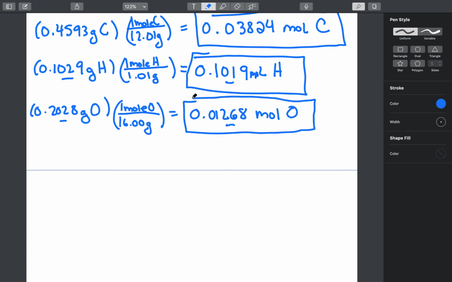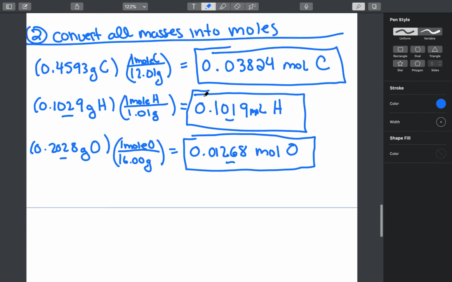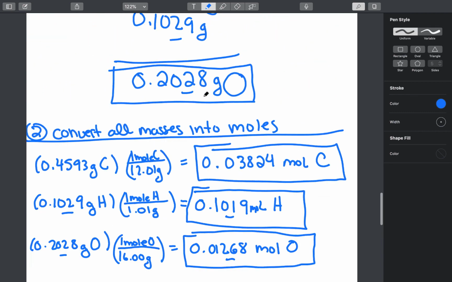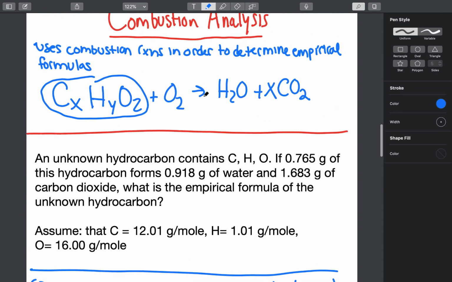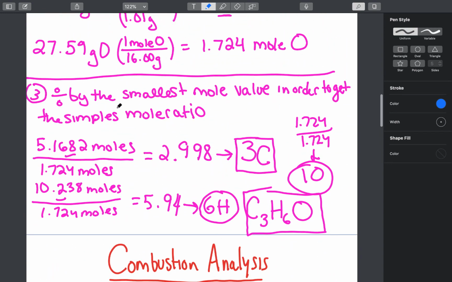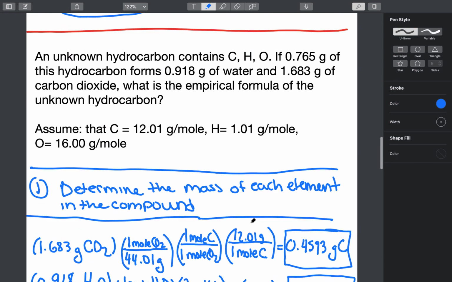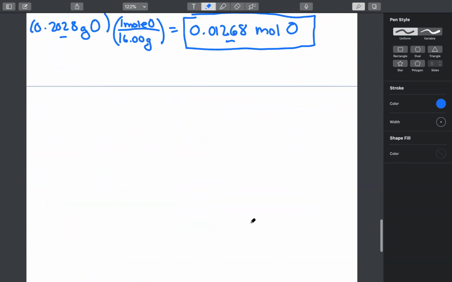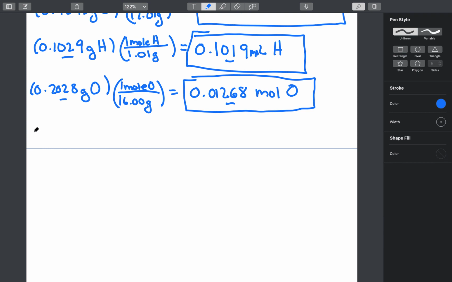So next, we could repeat the step that we talked about in the first example, when we divide by the smallest mole value in order to get the simplest mole ratio. So in this case, we're going to repeat that step. So let's write that step. This is the third step that you do to solve all combustion analysis problems. And let's write that down.